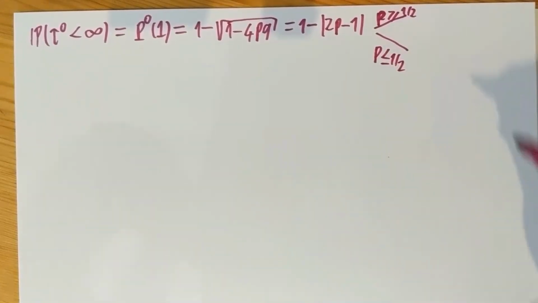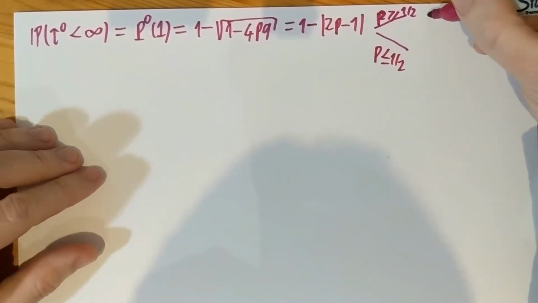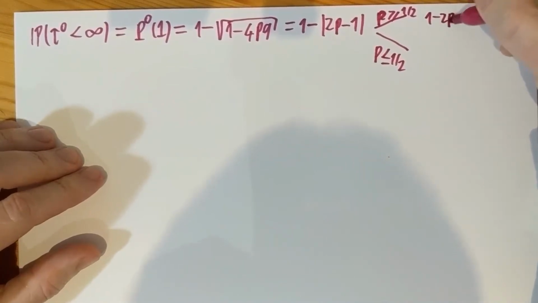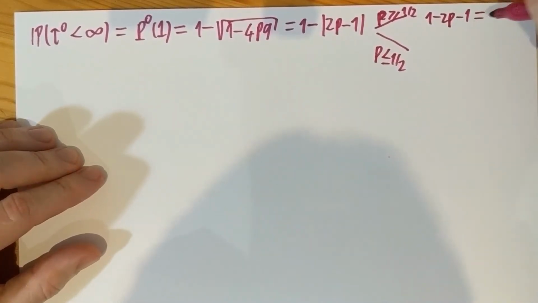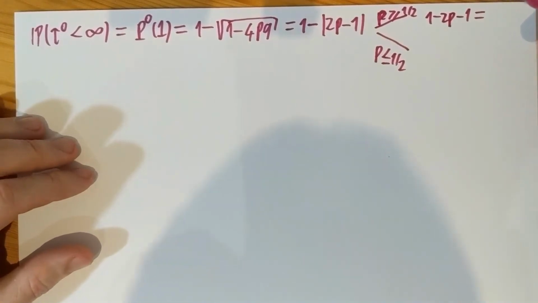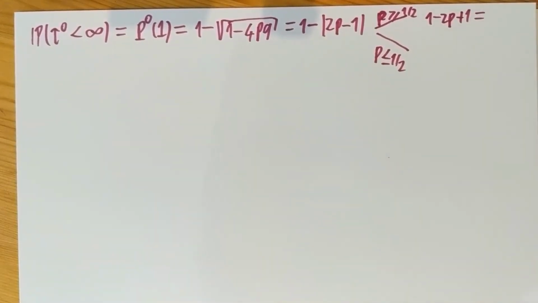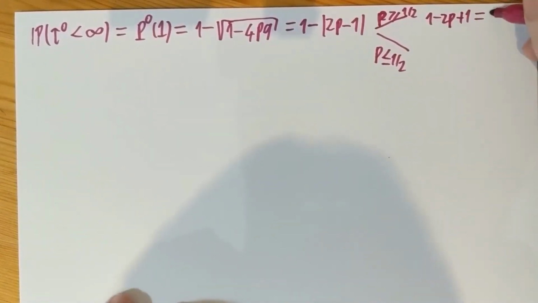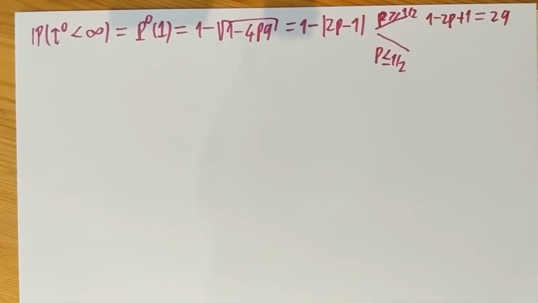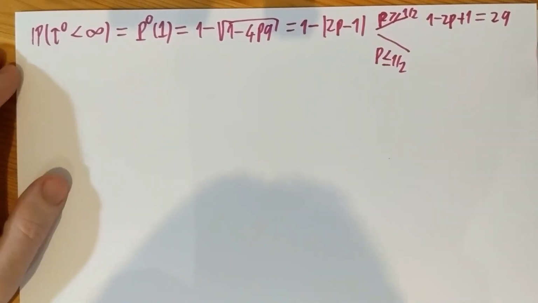If p is larger than or equal to 1/2, the mod doesn't do anything, so I have 1 minus 2p minus 1, and that's a plus, that just gives me 2 minus 2p, which is 2q, which is indeed less than 1, because p larger than or equal to 1/2 means that q is smaller than or equal to 1/2, so twice q is smaller than or equal to 1.